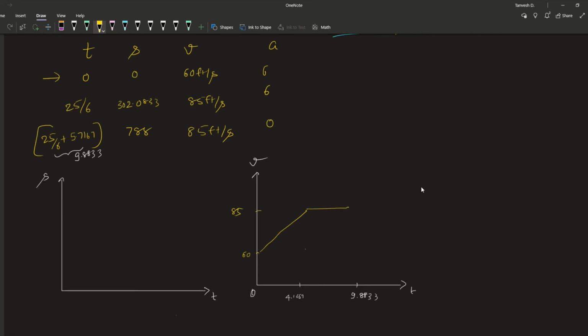For displacement time graph, now since the velocity is a curve of degree 1, the displacement time graph between these 2 points will be a curve of degree 2. So from 0 it goes to 302.0833 and then 788.